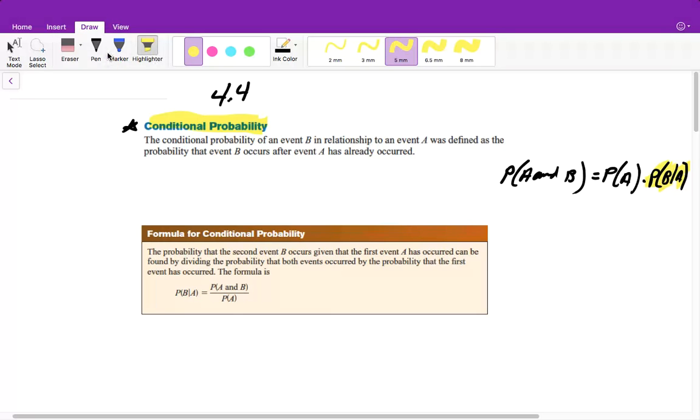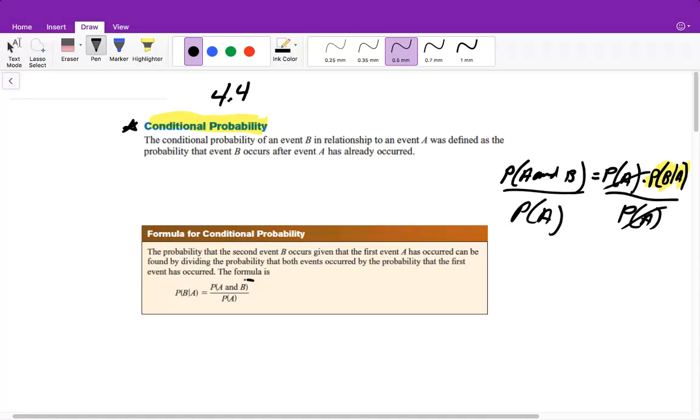And if we want to find a formula for solving for this, we just need to isolate it. So to isolate it, we would divide each side by the probability of A, and that will isolate our probability of B given A. And this is the formula that you will get. You will get this formula when you're taking your test, but you will need to know how to apply it.